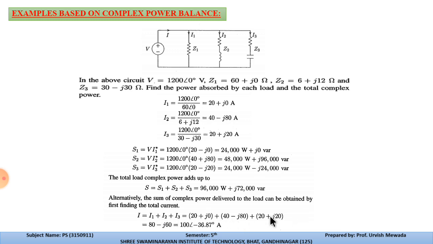Similarly, I3 is equal to 20 plus j20. If you solve this, you get 20 plus 40 plus 20, which is 80, and for the imaginary part 0 minus 80 plus 20, you get minus j60. If you convert this a plus jb form into the r angle theta form, it will be 100 at angle minus 36.87 ampere. This minus sign indicates that this current is lagging.